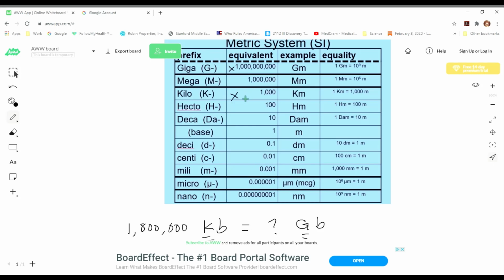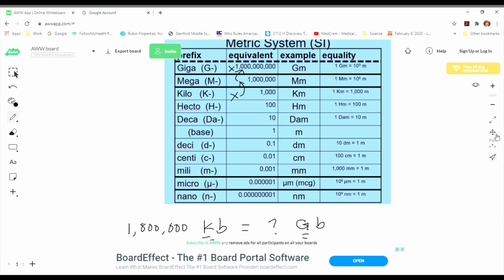We're going to go from kilo to giga, and it's going to take 2 jumps across 2 lines, but each of these lines is bold. So you got to go at 1 and then 2. From here to here is 3 times to the left. From here to here is another 3 times to the left. So it's a total of 6 times that we have to go to the left.